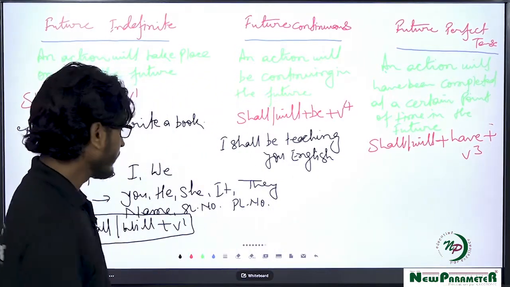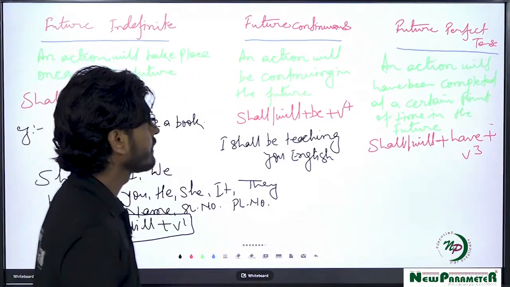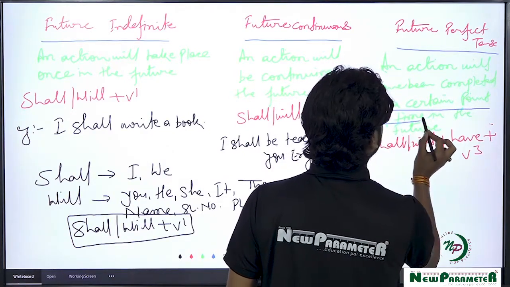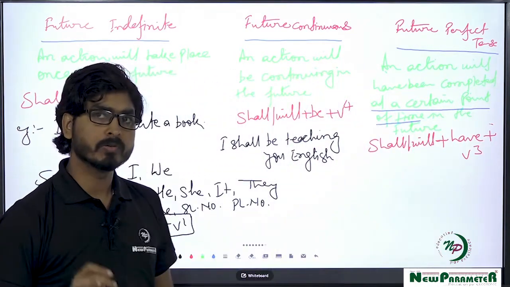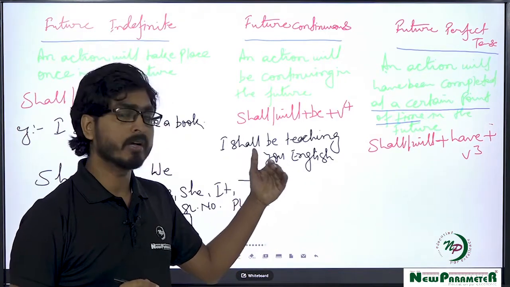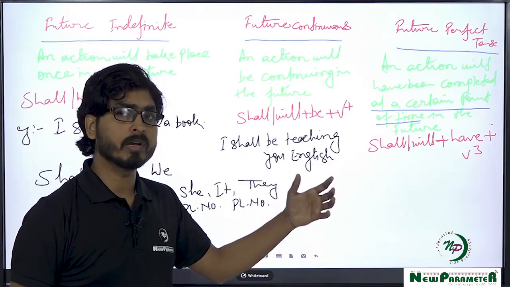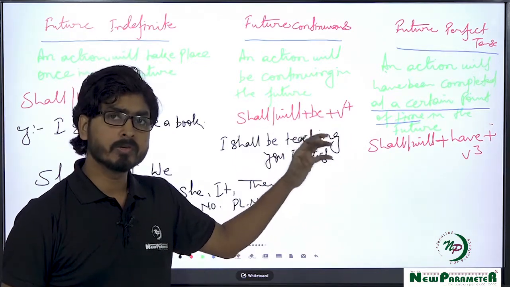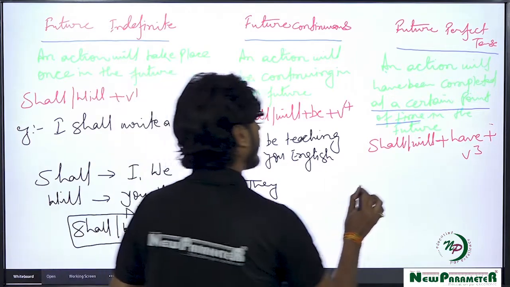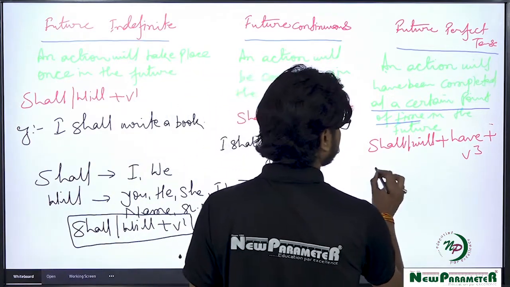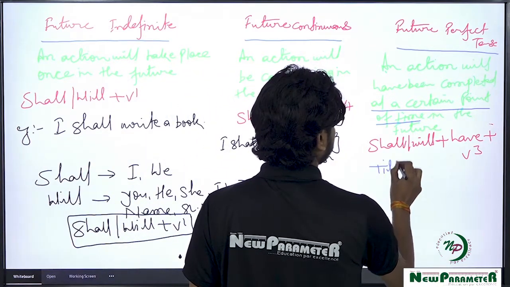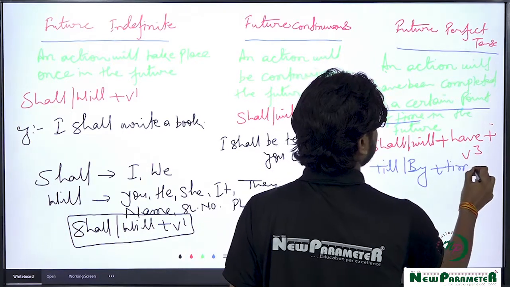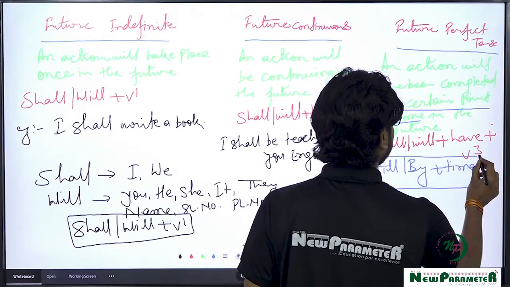One thing that you have to keep on your mind, that at a certain point of time, if I want to show this time, that up to which time or at what time a single action will have been completed, to show that time, I must use till or by then time. I'm just giving you an example.